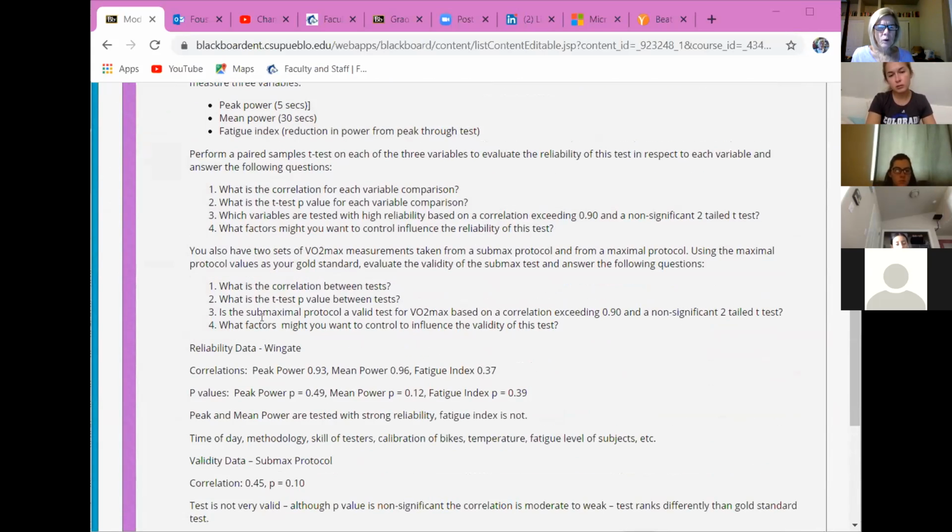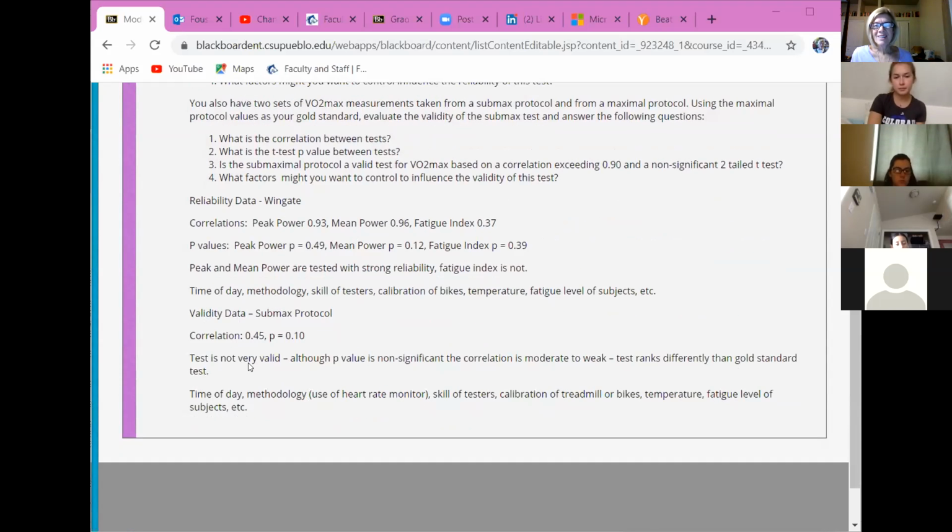So is the submax protocol valid? If it's valid, it's also reliable, a valid and reliable test exceeding 0.9 and a non-significant two-tailed test? Well, the test is not very valid. Although the p-value is not significant, the correlation is moderate to weak. So the test is different than the gold standard. It's not as good.